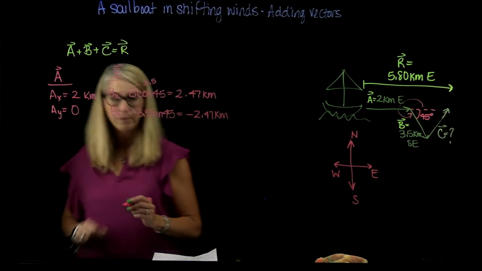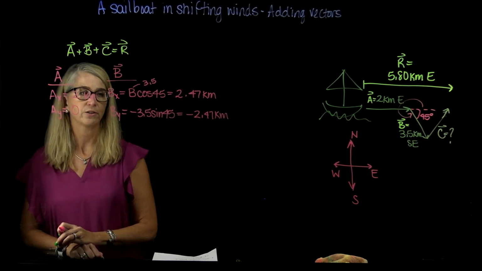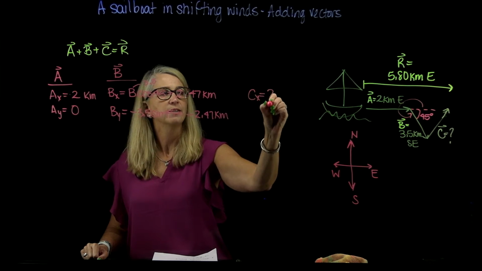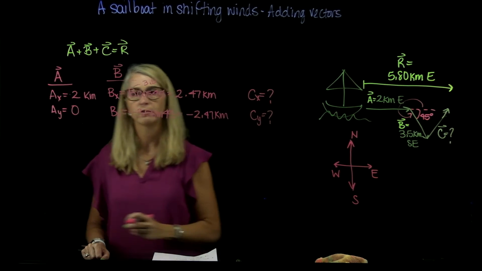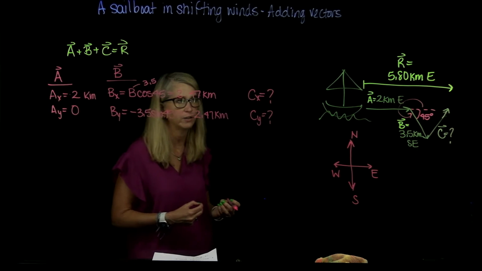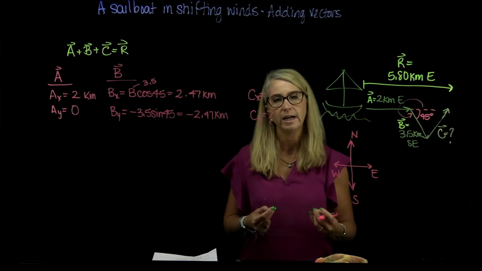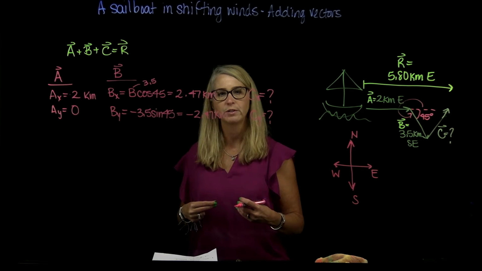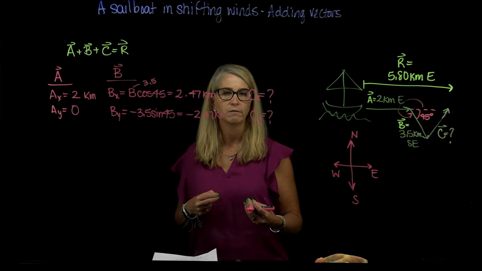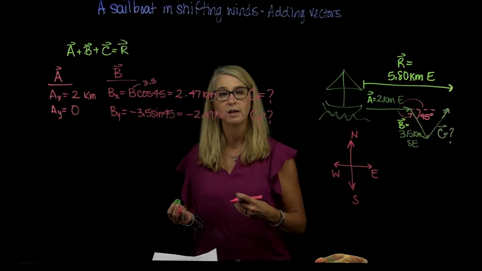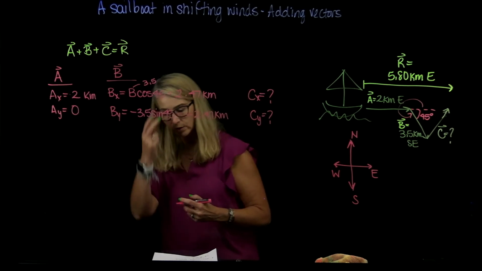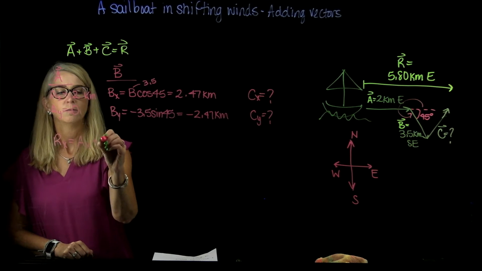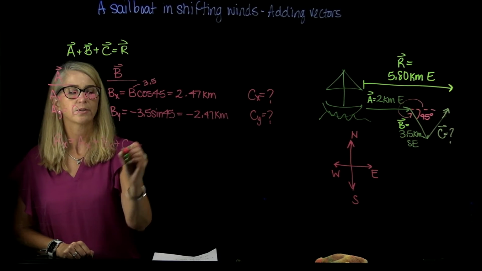Well, Cx and Cy, I should just say we don't know, we're going to look for it. But because these 3 vectors added together give us 5.8 in the x direction, I'm going to use the fact that I can add all the x components together to find the x component of the resultant and all the y components together to find the y component of the resultant. So for instance, Rx is equal to Ax plus Bx plus Cx.